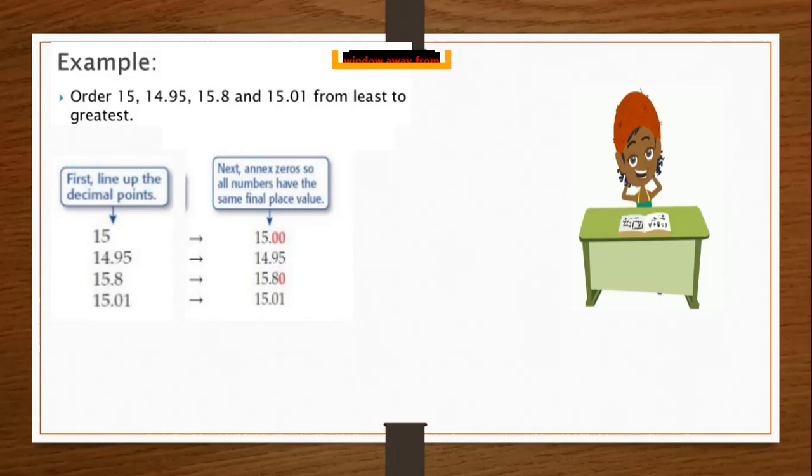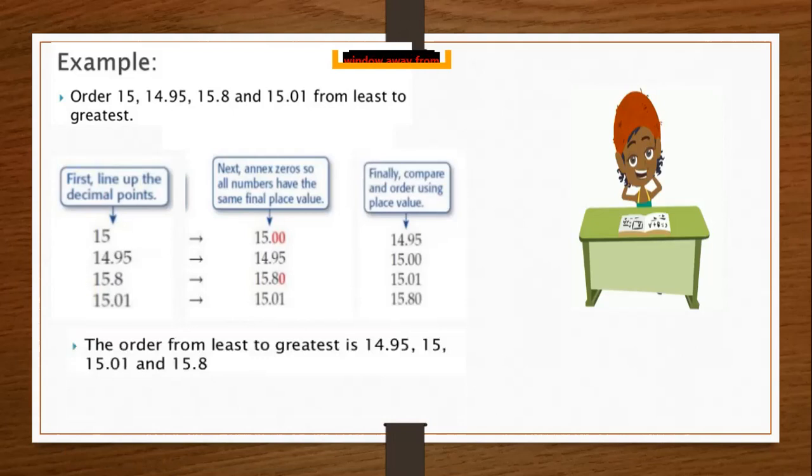If you check, you will find that the maximum number of digits after the decimal point is 2 digits. So we're going to place more zeros to make them all 2 digits after the decimal. So here we add .00, and in the 15.8 we just add one 0. Now we are able to order them according to their place value. And the order will be 14.95, then 15, then 15.01, then at the end 15.8.